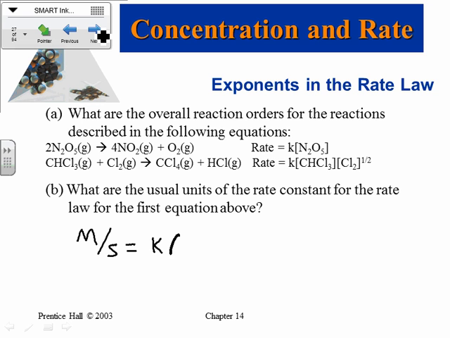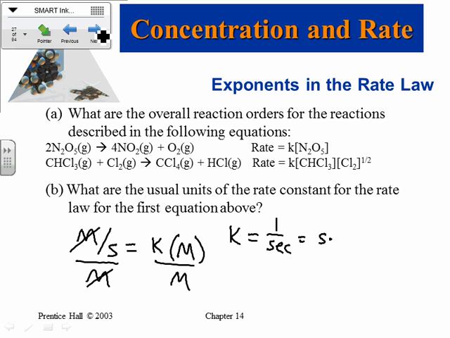Molarity, right? So if I solve for K here, then I'm dividing by M. So my K ends up equaling 1 over seconds. I guess I can just write 1 over S, or seconds to the negative 1.